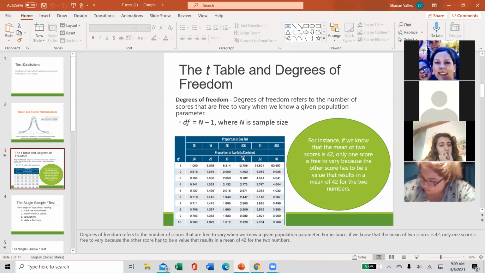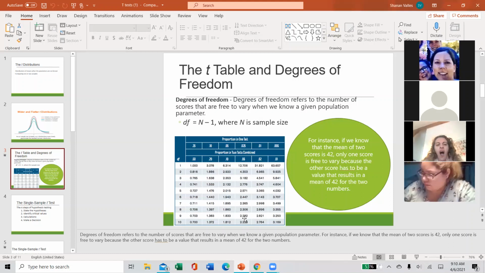So in this example, in this table, we'd be using this column right here. We'd match up 9 and 0.05 for a two-tailed test, and we get here 2.282.